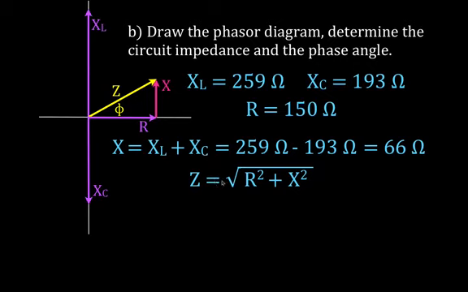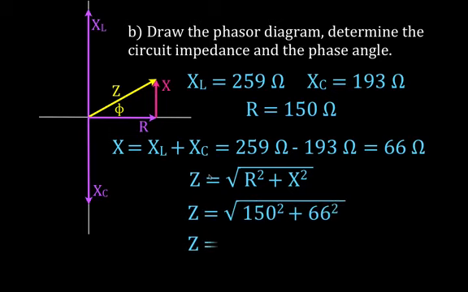So Z equals the square root of R squared, this side, plus X squared, this side. I'm just going to plug the values in: 150 squared plus 66 squared, and you get that the impedance of this circuit is 164 ohms. That is the value represented by this vector right here.